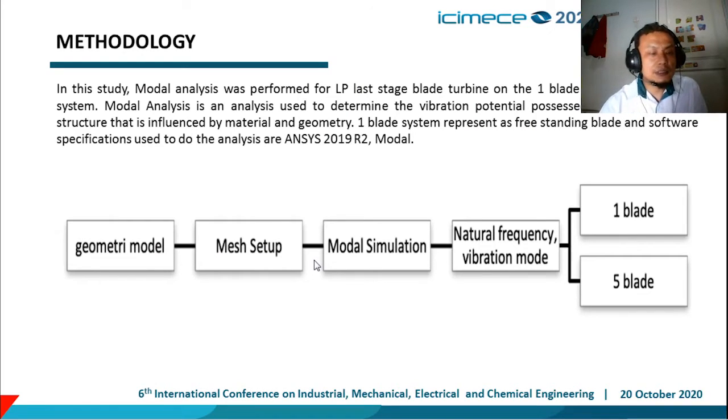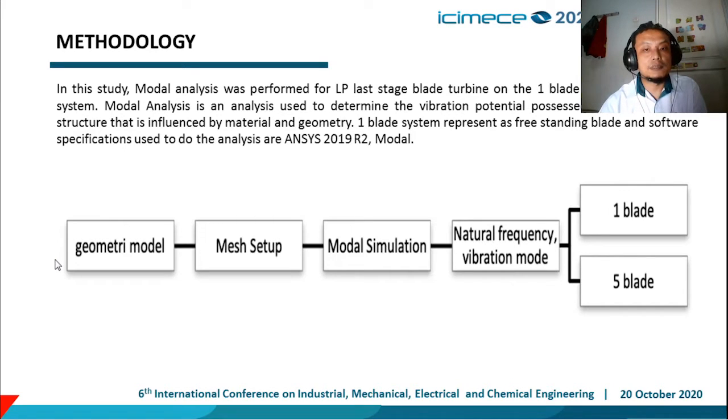The methodology used is modal analysis, performed for the low pressure last stage turbine blade on the 1 blade system and 5 blade system. Modal analysis is used to determine the vibration potential of the low pressure turbine structure, which is influenced by material and geometry.